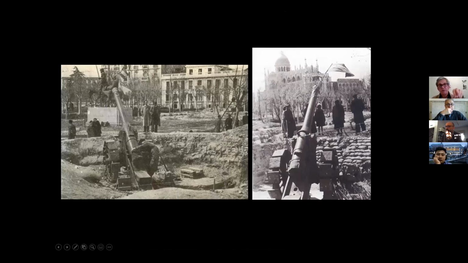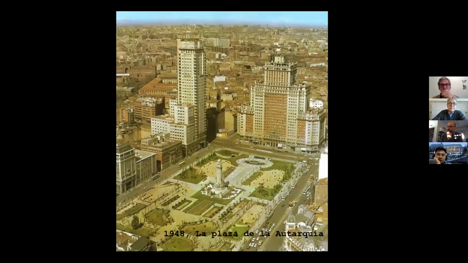In the war, this place was exactly a battlefield with cannons. You can see there Quixote with a flag and a cannon defending the city. So the symbolism of this place was incredible. And in the 60s appears a new kind of symbolism, which is the power of the money of some developers, very well related with Franco, the dictator.